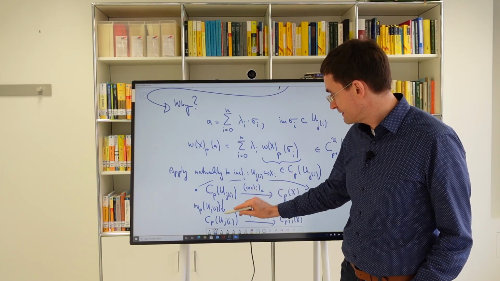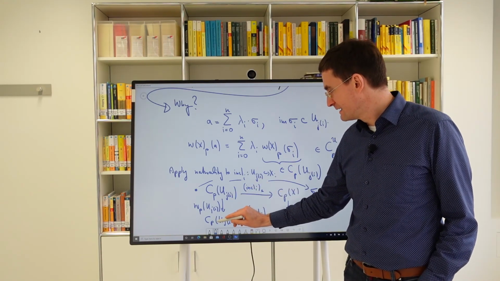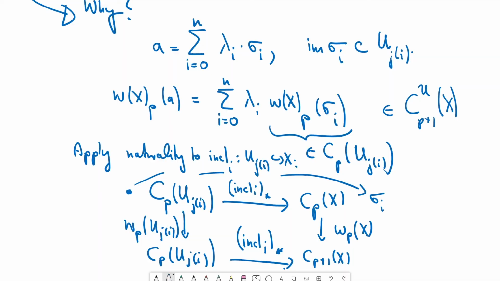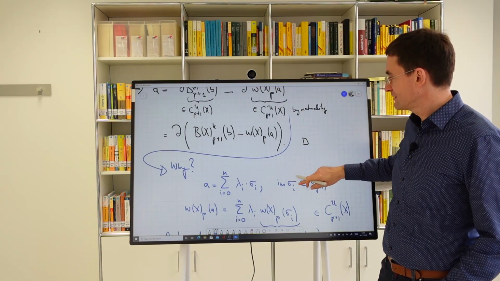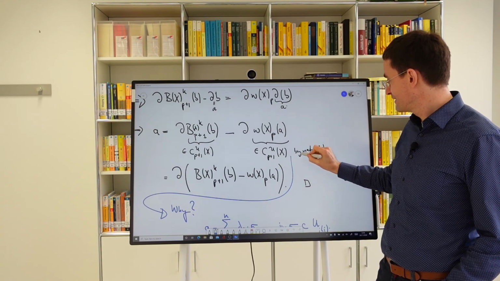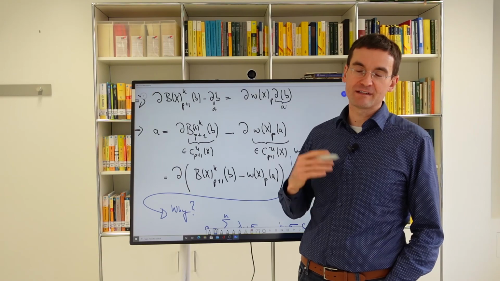So we apply w p, and whatever we have, and that's the only thing important here, we are in C p U j i and then go via the inclusion to C p plus 1 x. So that's the final remark: what I explained now is this innocent looking phrase by naturality, but it shows the lemma of small simplices and therefore excision.